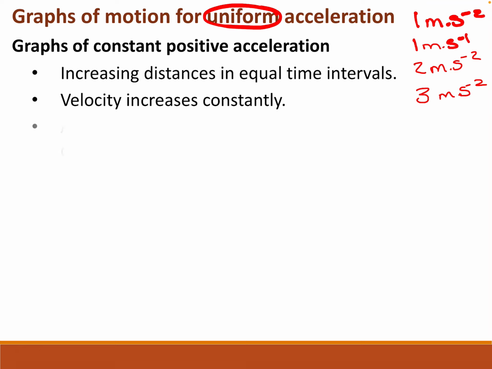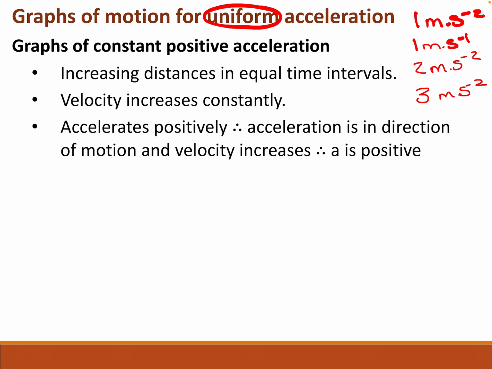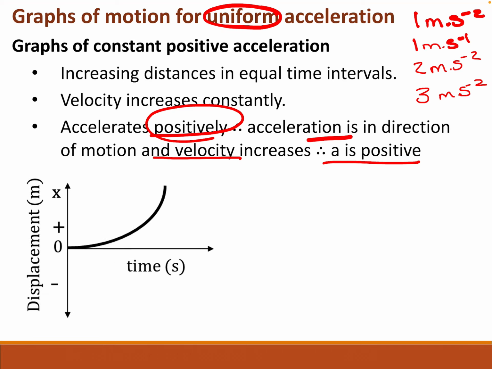This is very important. It accelerates positively if the acceleration and the velocity are in the same direction and the velocity increases. Okay, that gives me a positive acceleration. So here we look at this and you can do this by working out values.